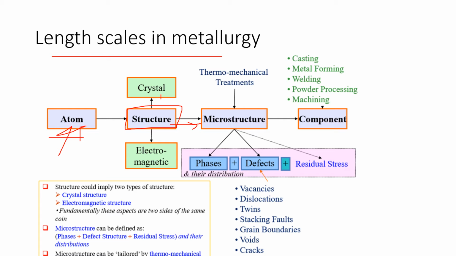In the microstructures, we study the thermomechanical treatments, because we want to improve the properties of the structure. We further study the microstructural behavior: thermomechanical treatments like heat treatments and phases, and we study the defects.